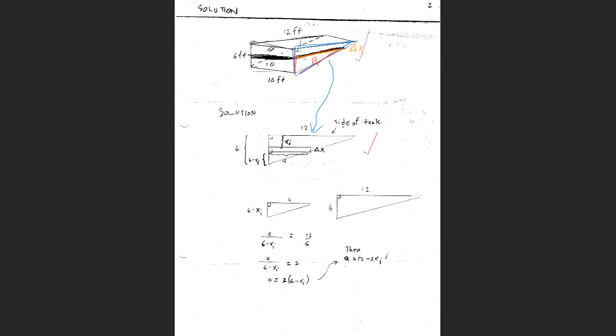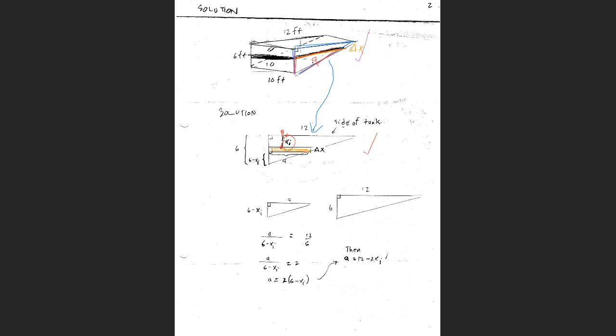Okay, so here's that ith layer of water, and the ith layer of water is located a distance x sub i from the top of the tank.